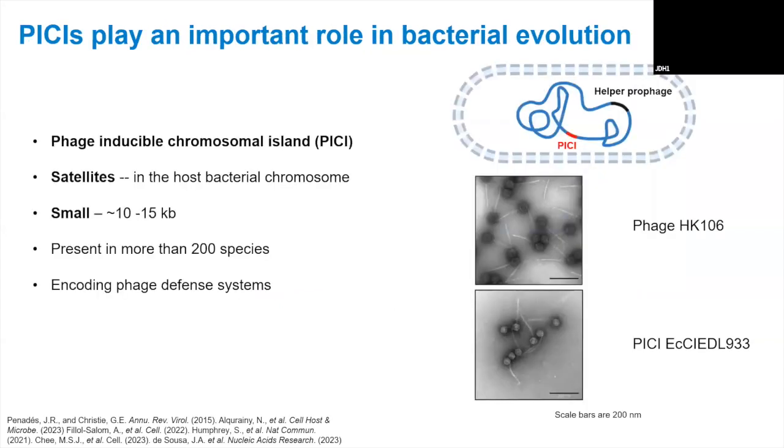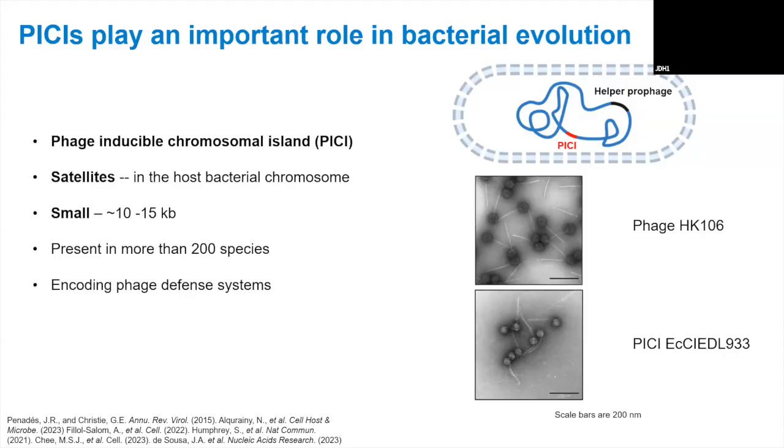One mobile genetic element we are interested in in our lab is named phage-inducible chromosomal island, PICI. PICI is a small island, only 10 to 15 kb, residing in the bacterial host chromosome. Once a helper phage induces a PICI, the PICI will excise from the chromosome and replicate, and some PICIs will produce their own smaller capsid.